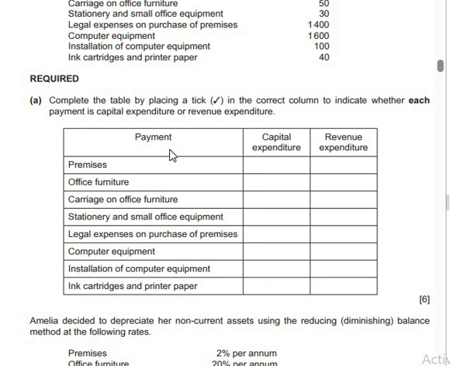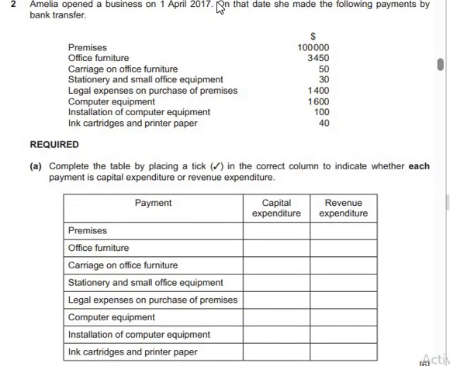when an asset is purchased, or else you are adding value to a non-current asset. So you are buying a non-current asset or adding value to a non-current asset. Please remember that there are costs which go with the non-current asset.